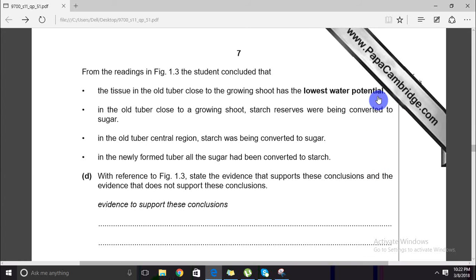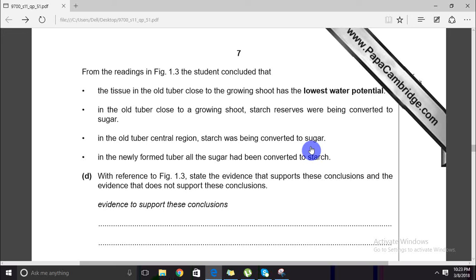And that is the evidence that supports it. But what about these points? Is there any evidence that supports it? Well, the fact that the old tuber central region had a lower water potential means that this hypothesis is reasonable, because sugar is capable of affecting the osmotic potential and is likely to bring the water potential down, but there isn't any evidence for that.